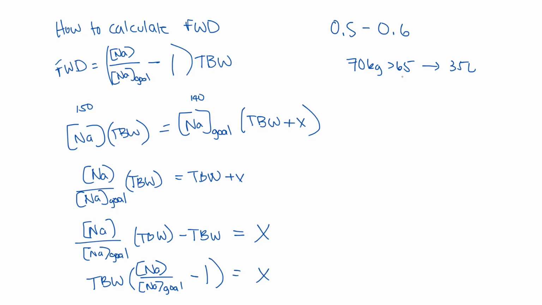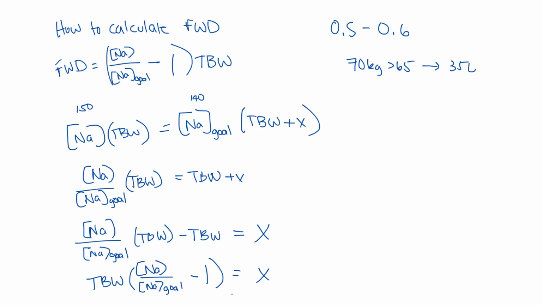When I do this equation, I'm going to get their free water deficit in this current moment, okay? But the water that I'm going to give them through the day does not factor in their insensible losses for the day, their urine output, their pooping, and everything else, right?